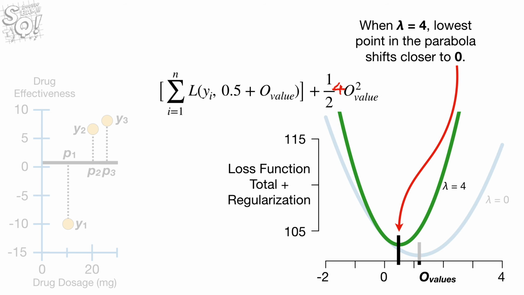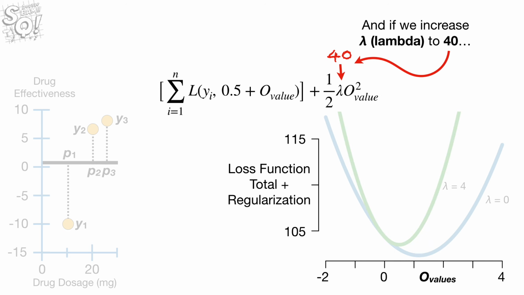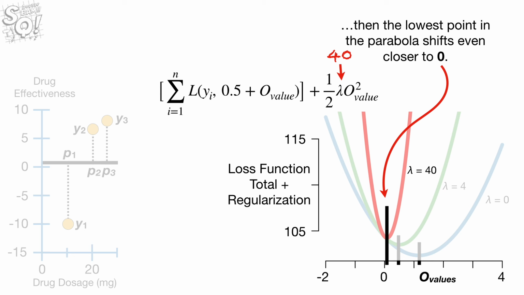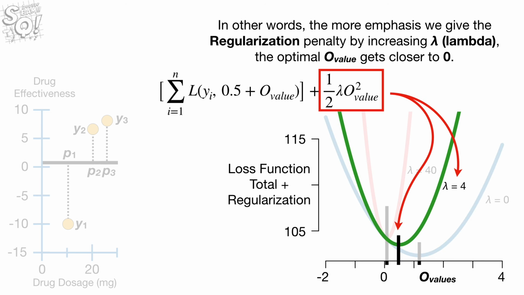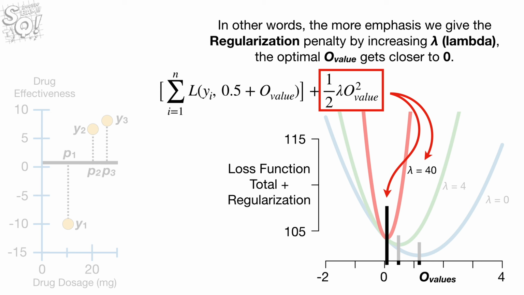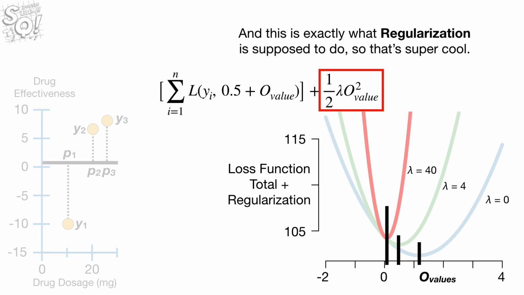When lambda equals 4, the lowest point in the parabola shifts closer to 0. And if we increase lambda to 40, then the lowest point in the parabola shifts even closer to 0. In other words, the more emphasis we give the regularization penalty by increasing lambda, the optimal output value gets closer to 0. And this is exactly what regularization is supposed to do, so that's super cool.